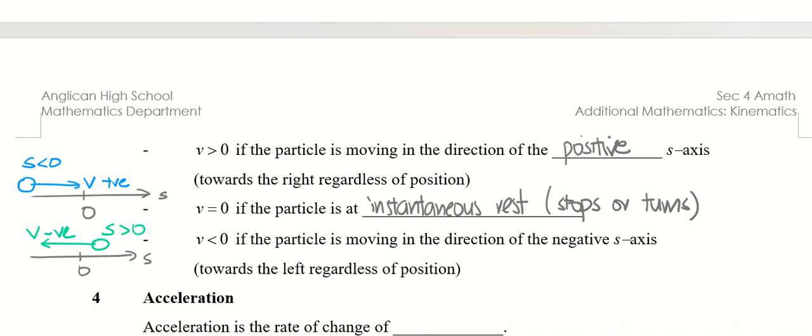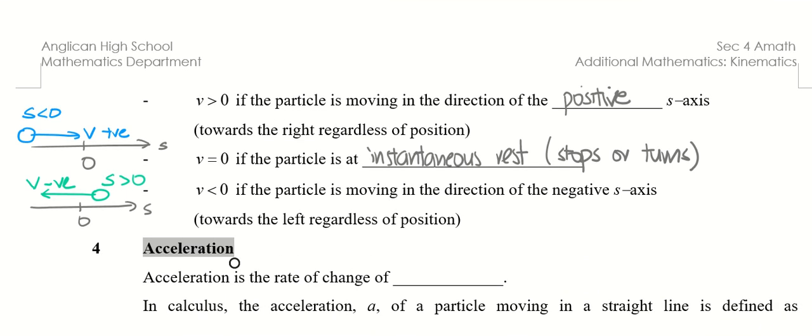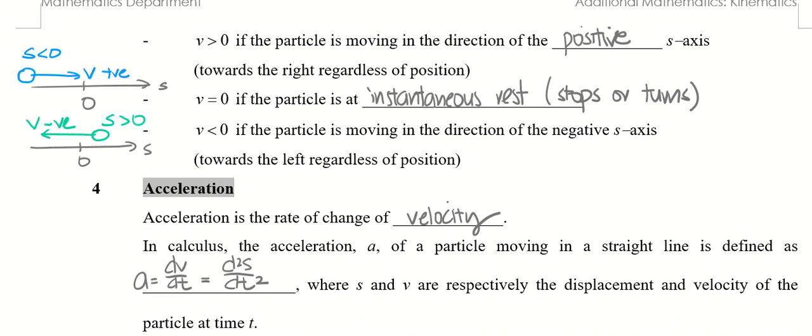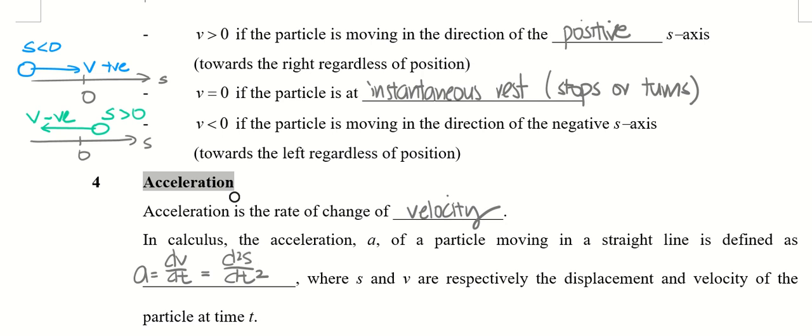The last thing that you probably need to know is acceleration. What is acceleration? It's the rate of change of what? Velocity. In calculus, it's defined as a equals dv over dt, and since v is ds over dt, a is also d2s over dt squared, where s and v are respectively the displacement and velocity of the particle at time t.